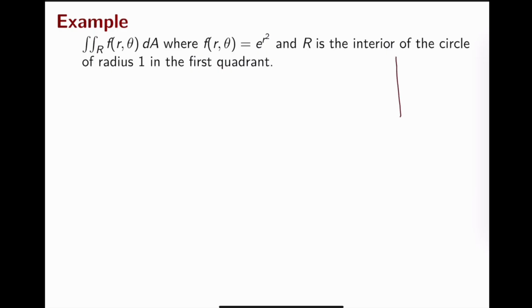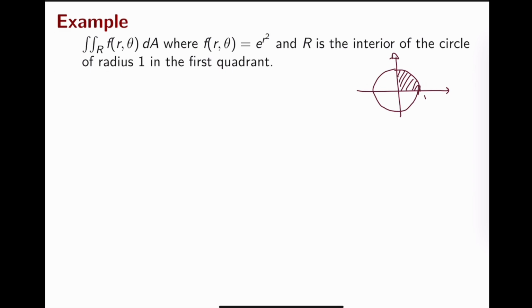Let's put the Cartesian coordinates for reference, and this is going to be a circle of radius 1. Here is 1. We are going to consider the interior of it, but only in the first quadrant. So the region of integration is going to be this one here.